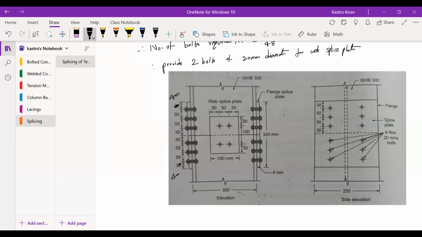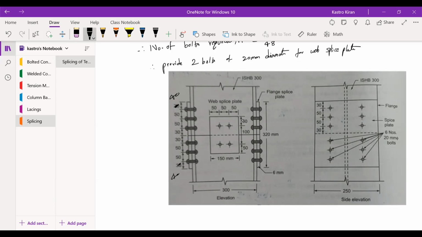And this is how the web splice plate and the flange splice plate have to be connected. You have 6 bolts for the flange splice plate, 6 bolts on one side and 6 bolts on the other side. Similarly, you have 2 bolts for the web splice plate, 2 bolts on the top and 2 bolts at the bottom.